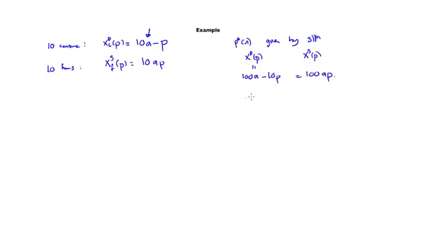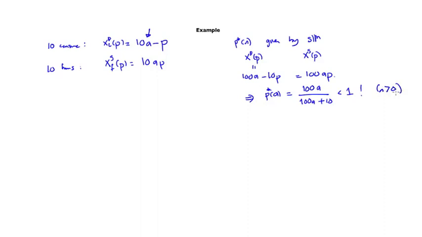If you do the algebra, this implies that P star of A is equal to 100A divided by 100A plus 10. Notice that this number is always less than 1 for any A greater than 0.